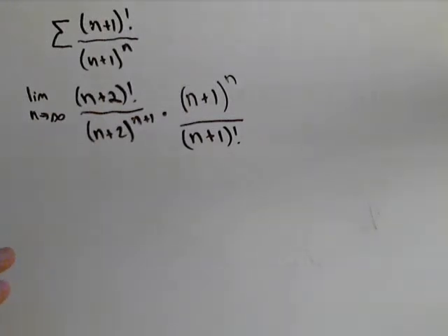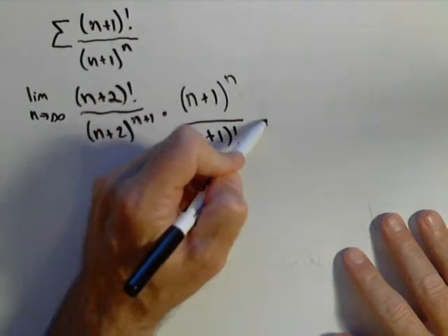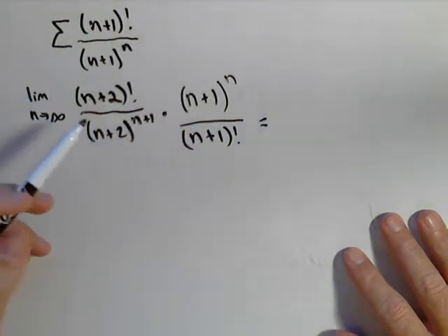This one, again, is going to be a little bit of work here, so let's see what we can figure out. Some stuff will work out nice, some may not.